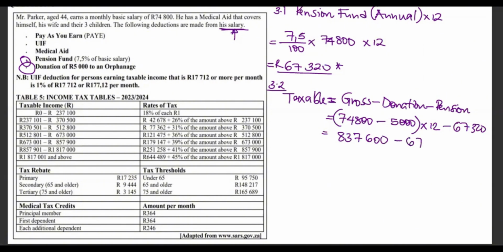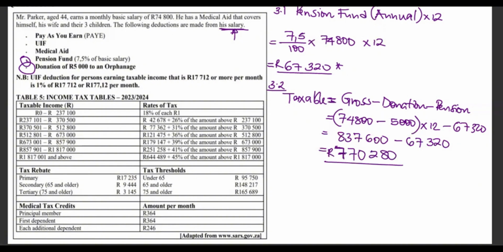UIF is not subtracted here. UIF we subtract when we are looking for the net salary or the final take-home pay. So this is his taxable income.